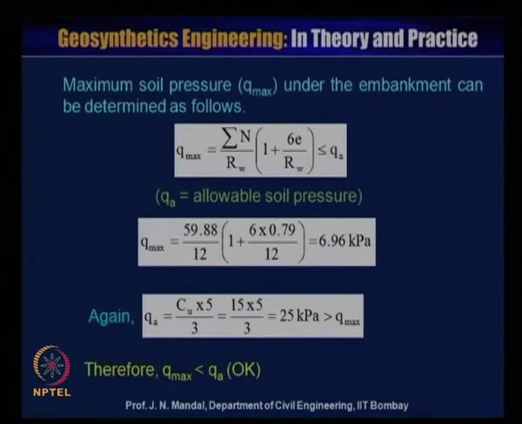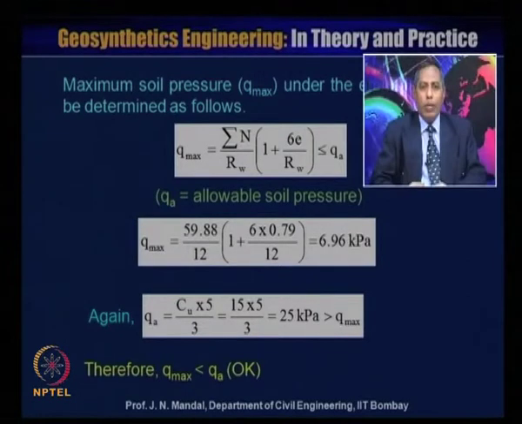Now, the maximum soil pressure Q max under the embankment can be determined as follows: Q max is equal to summation of N divided by RW, into 1 plus 6E divided by RW, which should be less than Q of A. We will also calculate Q of A, the allowable soil pressure.